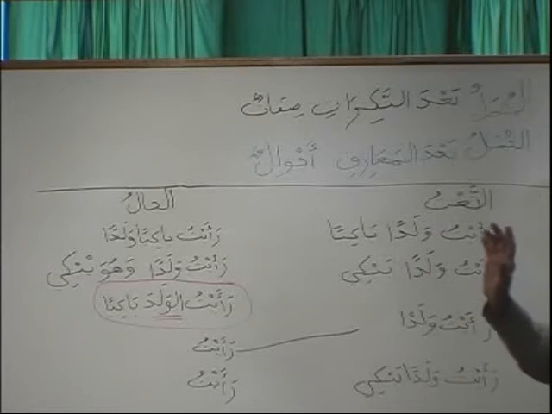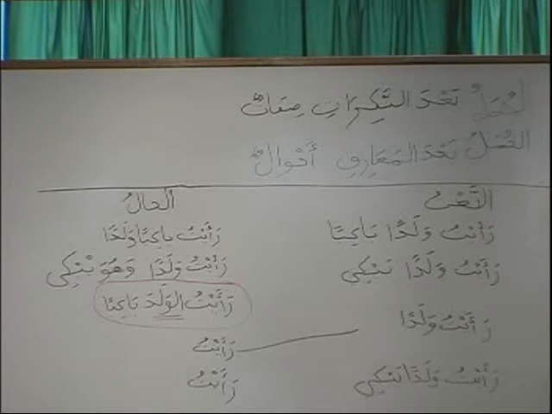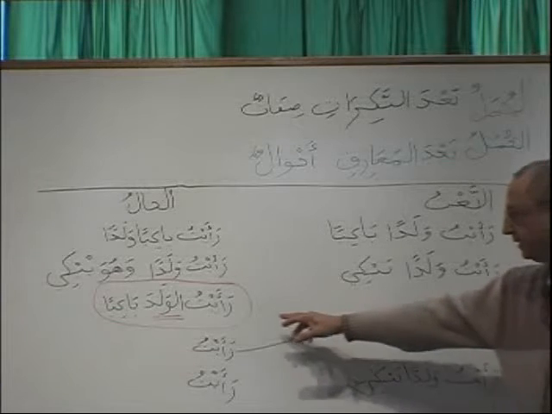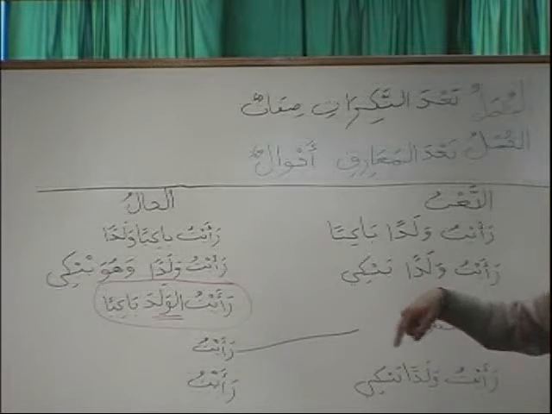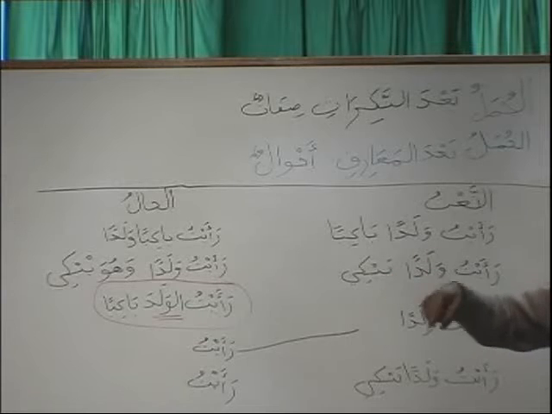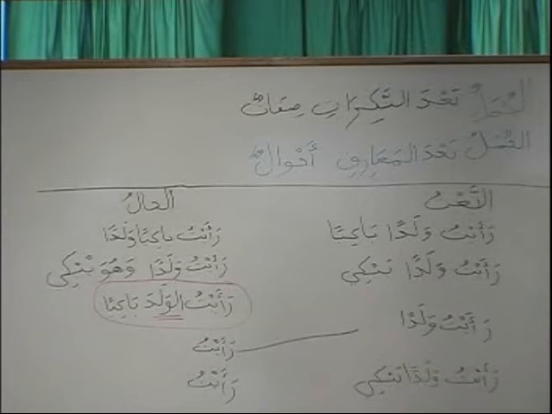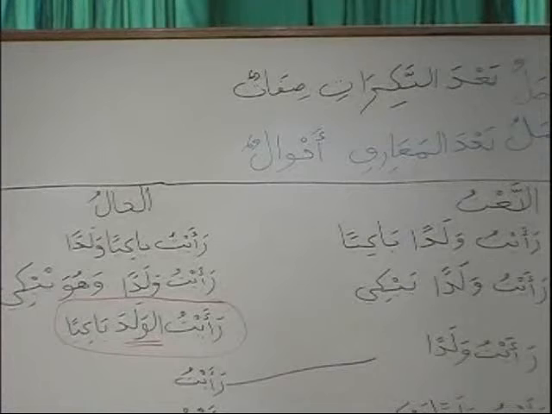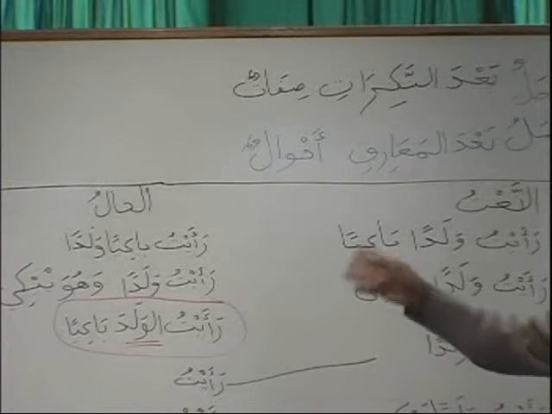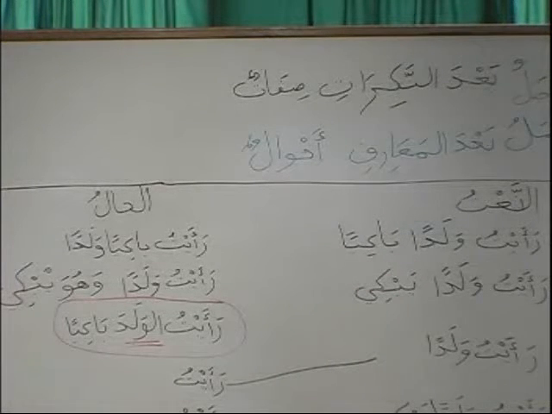Okay. Are you with me, brothers and sisters? Very good. Now I gave another example here, which I have written in a red circle, which shows that al-walada is definite and baqiyan has come as a hal after that. Okay.